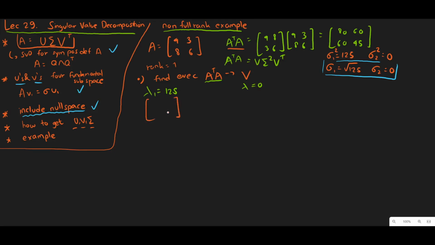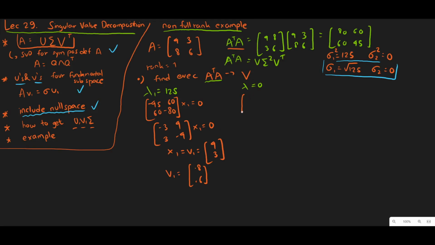So my matrix will end up with 45, 60, 60, 80, and I want to find x1 equals 0, and I can do some division in the first row and second row. Then I end up with this one. My x1, which also will be my v1, is 4 3, and when I normalize them I get 0.8 and 0.6, because the length is 5 and I just divide them by 5.